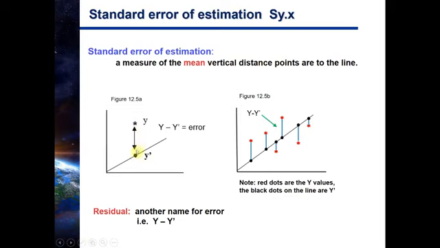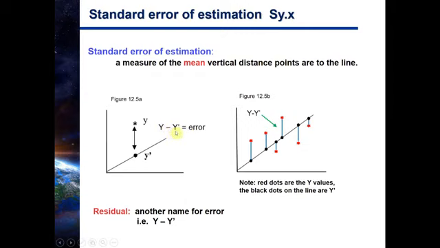Now, the distance between them, that vertical distance, is how much you were off. This is what you predicted, and this is the actual value. So if we were to subtract them, y minus y prime, we would get a measure of error. It's the distance between what we found and what we predicted. So you subtract them, you get error. And by convention, we do y minus y prime.